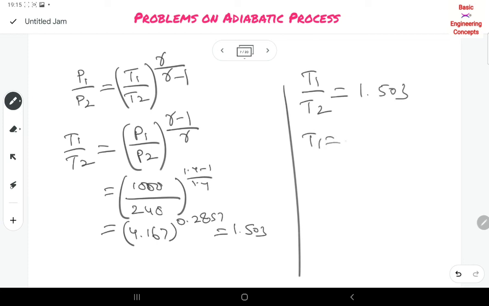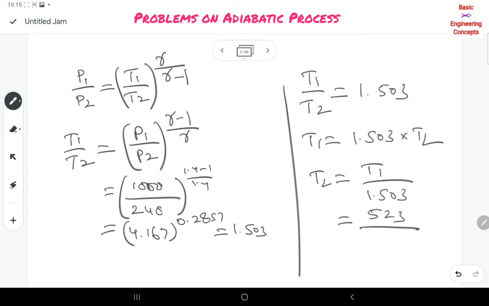So T1 is equal to 1.503 into T2, then T2 is equal to T1 by 1.503, that is 523 by 1.503, which is 347 Kelvin.